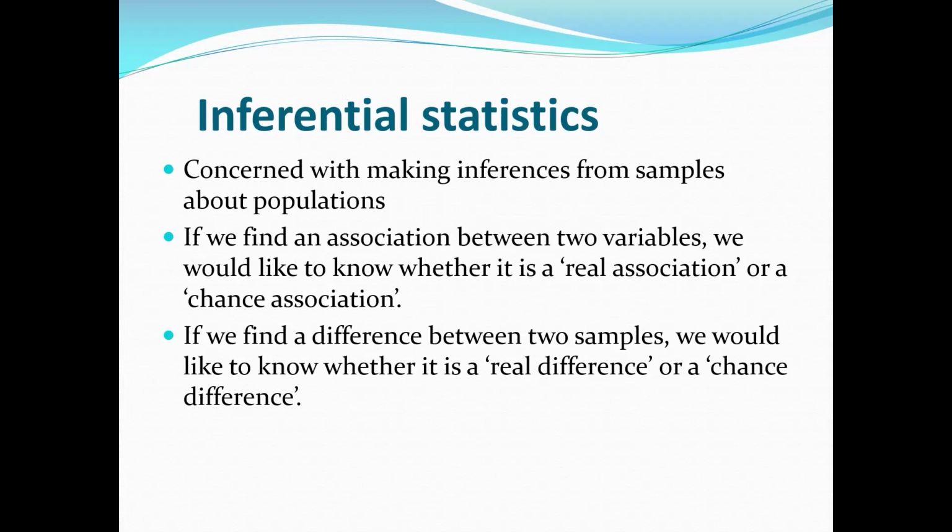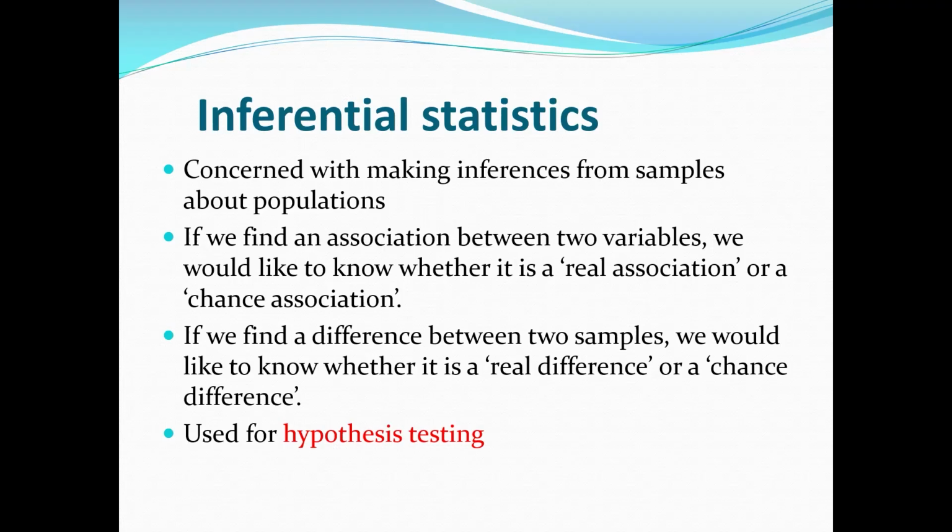And for this, inferential statistics is used for hypothesis testing. We will say there is no difference between the two groups: null hypothesis. There is a difference between the two groups: alternate hypothesis. There is no association between the variables: null hypothesis.